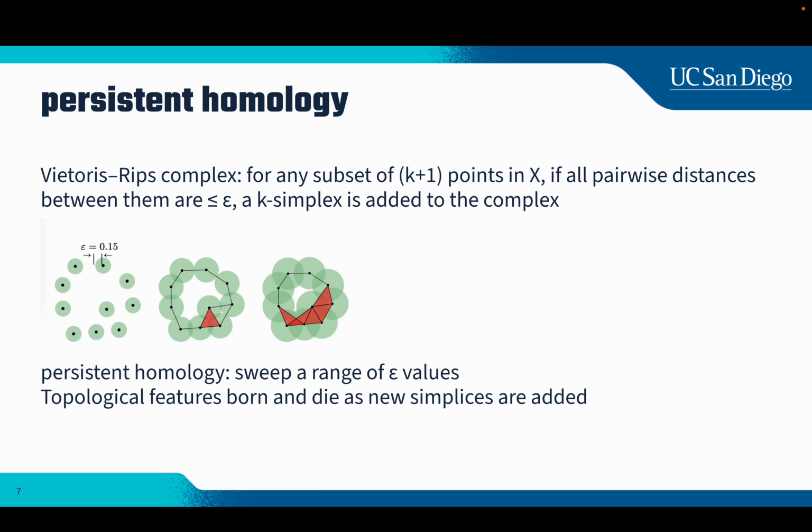The lifespan of a feature quantifies its persistence. Features that persist over a wide range of epsilon are considered robust and likely to represent meaningful structure, while short-lived features are usually interpreted as noise.